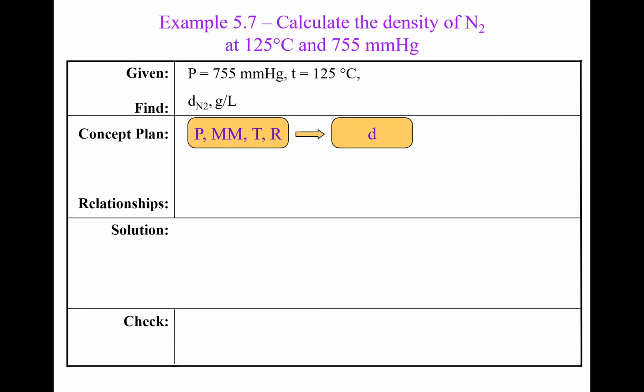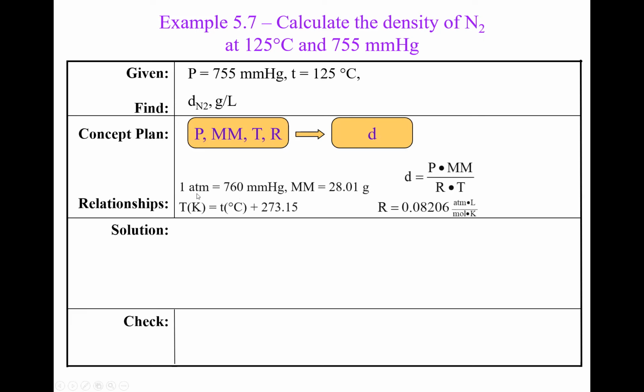We want to get to the density. We know we need the pressure, the molar mass, temperature, gas constant. That'll get us to the density. We need to get things in the right units. We need the molar mass of nitrogen, so 14 times 2 because it's N2. We got this equation from the last one, right? Density is mass divided by volume, so we have the equations for those.